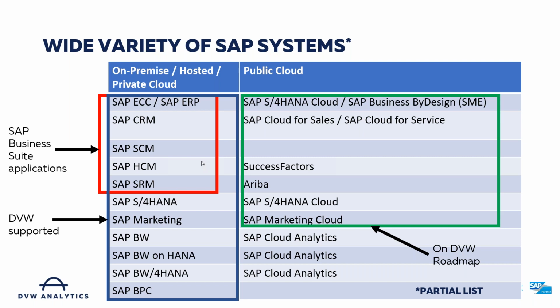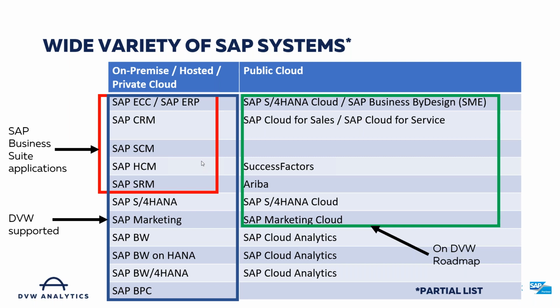On the right-hand side, we have this thing called public cloud. Public cloud really relates to software as a service. The architecture may still be the same, but because it's public cloud, SAP have closed off certain avenues.